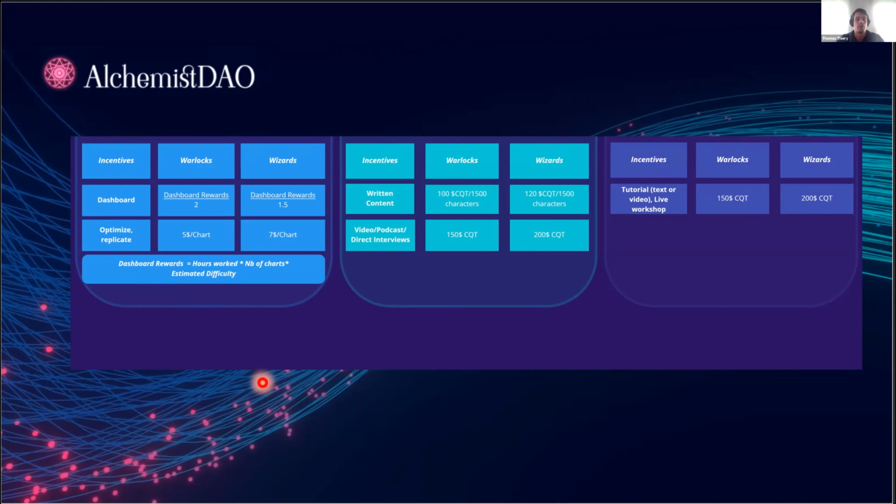And then we also introduced a kind of mechanism that will increase rewards if your self-evaluations about how much work you put in this and how hard it was and how many hours you worked match the estimations of the reviewers.